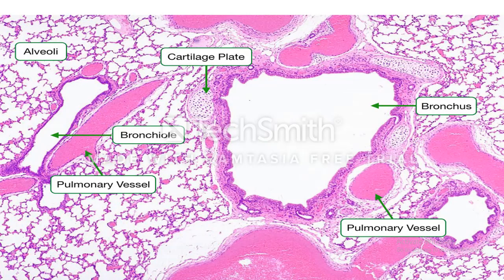Okay, this is the bronchus. Okay, this is the bronchiole. Very good. And near to this bronchiole, pulmonary arteriole. What is the name? This terminal bronchiole. Very good. This is the alveolar.